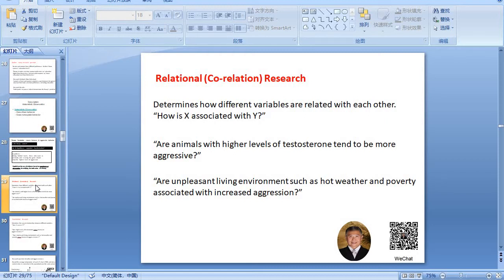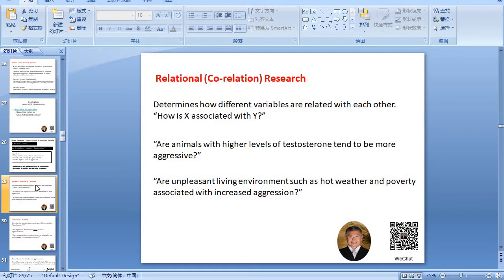I can focus on one variable. There are too many variables here in this statement. For example, I'm only interested in the relation between hot weather, between temperature, and aggressiveness. Is it true that the hotter the weather is, the more aggressive people become? Is there a positive correlation between hot weather and aggressiveness?